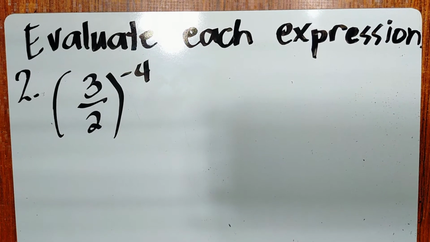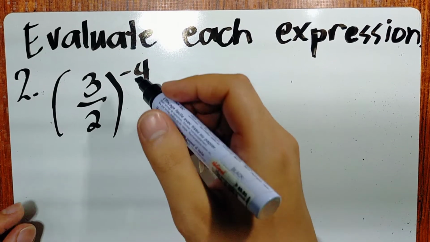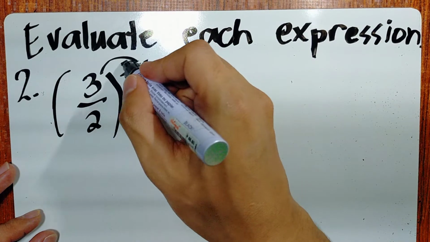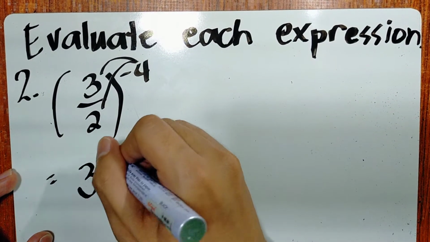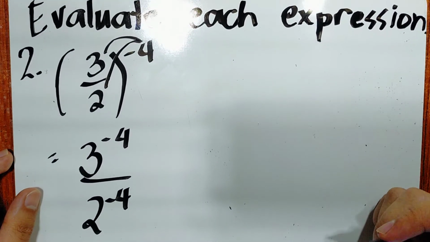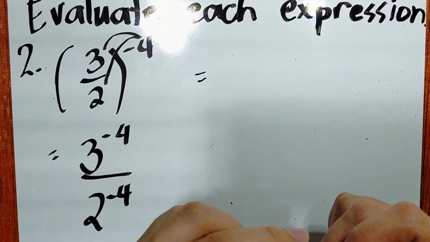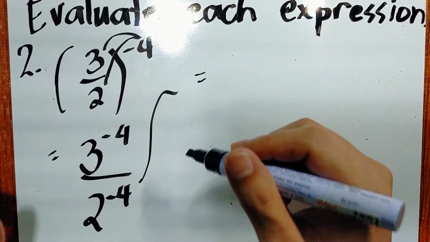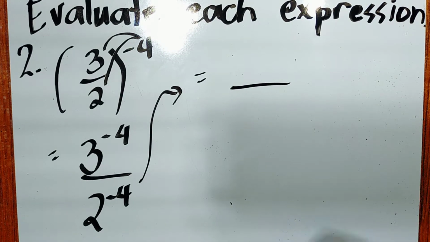Another example that we have here is quantity of 3 over 2 raised to negative 4. Okay? So, again, i-multiply muna natin yung exponent niya sa mga exponent ng given natin na sa loob. That would be 3 raised to negative 4 over 2 raised to negative 4. So, given natin, ayan. So, para silang negative exponent. So, to change the given signs of the exponent, kailangan natin silang i-reciprocal.